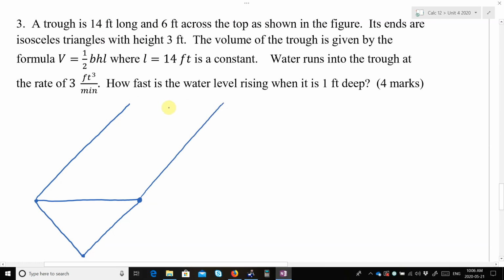Okay, so imagine a trough like this. The trough is 14 feet long, so we could put 14 here, and 6 feet across the top.